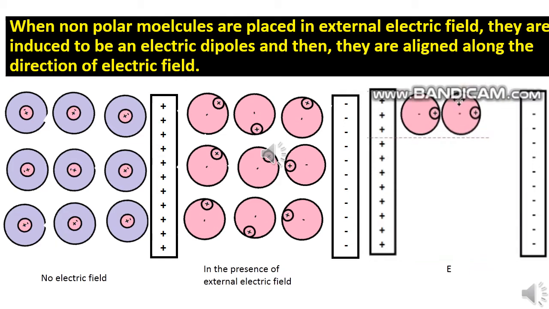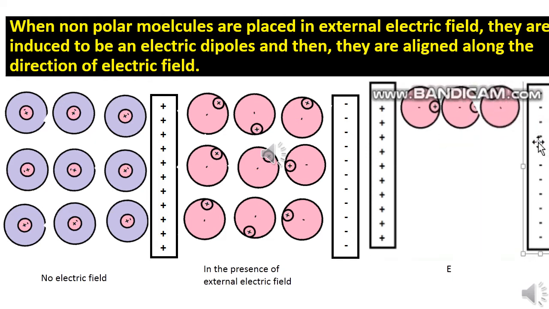Now these molecules are placed in the electric field, shown in the second picture. You can compare the first one and second one. Here the core of the positive charge is slightly displaced from the core of the negative charge, and they are behaving as induced dipoles now.